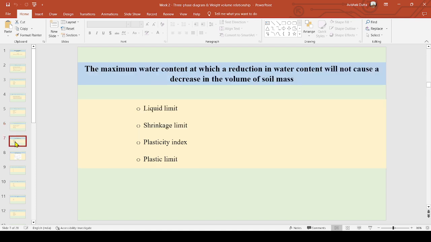The maximum water content at which a reduction in water content will not cause a decrease in the volume of soil mass. Please write the question very carefully.